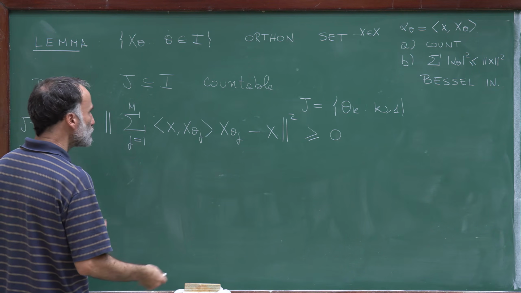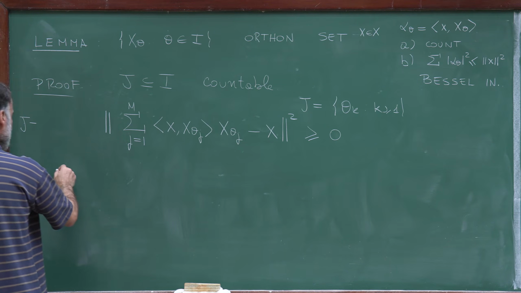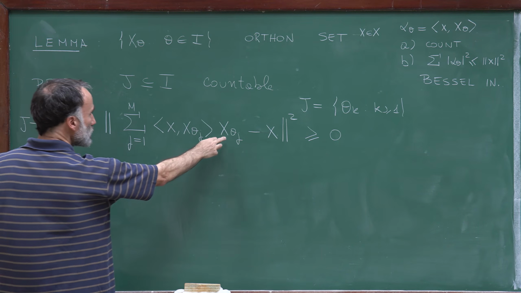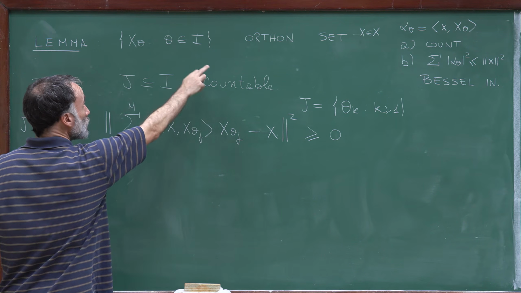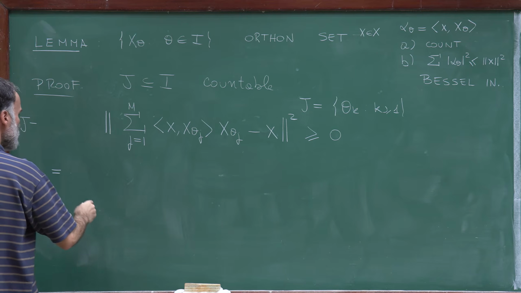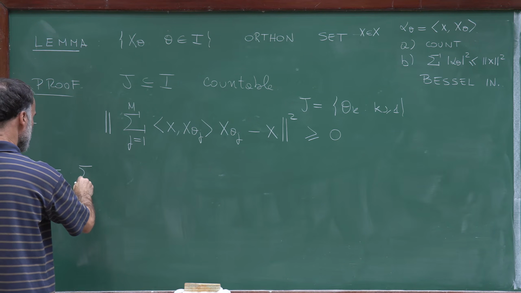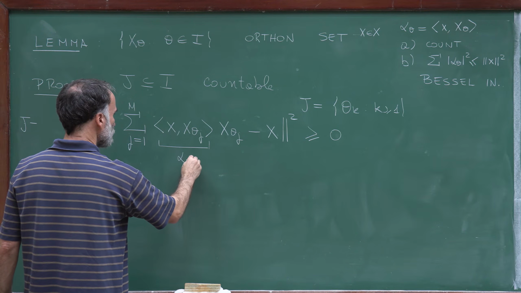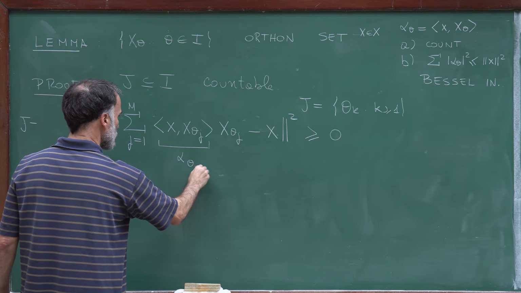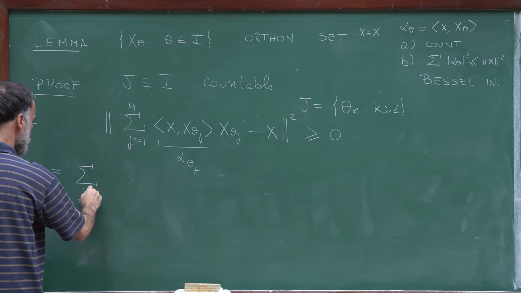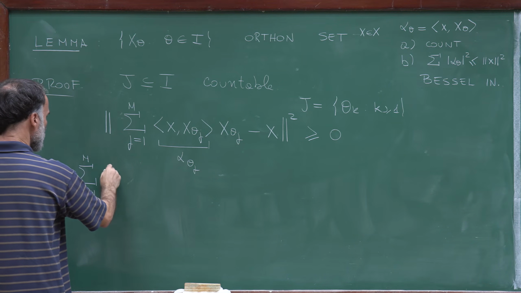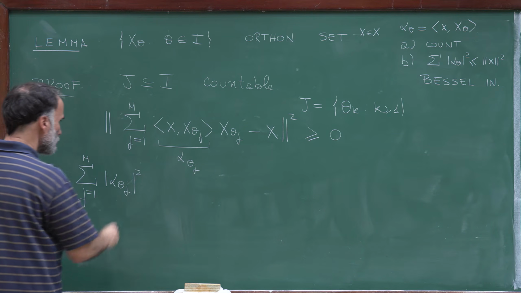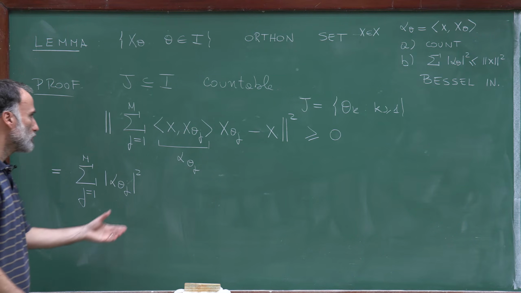And now let's compute. So let's expand that. I leave it to you to expand. What we get, since x theta are orthonormal, is that this is equal to the sum from 1 to m of alpha theta j squared, and let me remind you that this is what I called alpha theta j. I leave it to you to perform this computation.